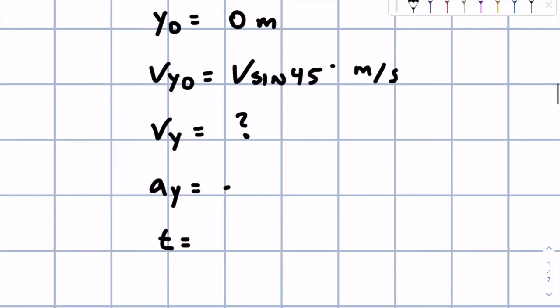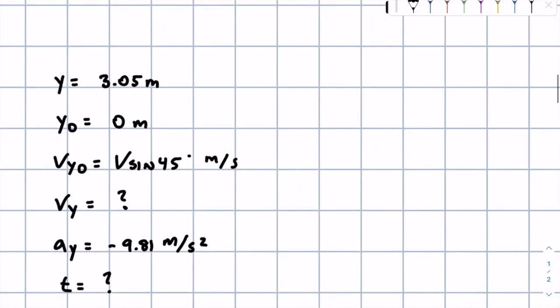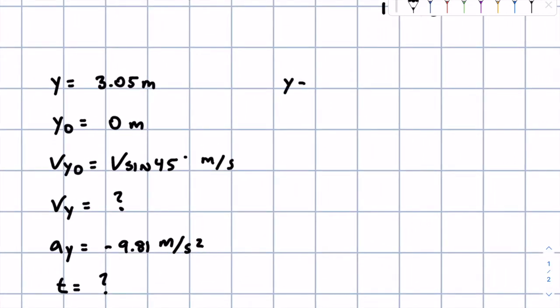Acceleration due to gravity in the y direction is negative 9.81 meters per second squared. Time it takes to get there, we don't know. So let's do the long equation. Y minus y naught is equal to initial velocity in the y times time plus 1/2 ay t squared. All right, now time to plug in what we know. We know y final is going to be 3.05.